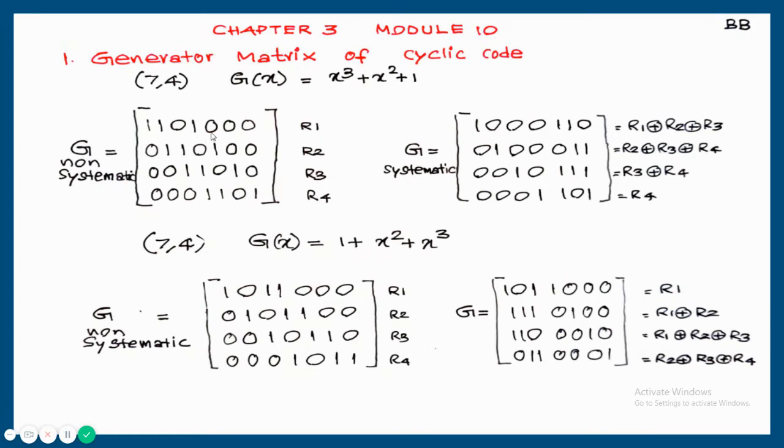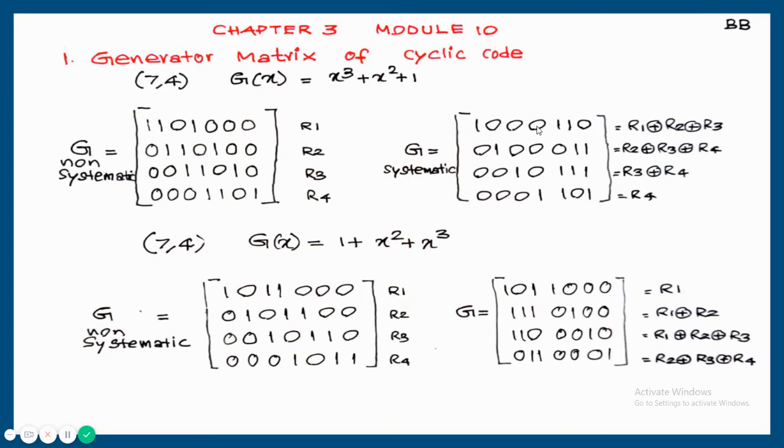So the procedure is, you XOR two or more rows and get this answer. That is possible by XORing R1, R2, R3. XOR the first three rows. The answer will be 1, 0, 0, 0, 1, 1, 0. That is the first row.